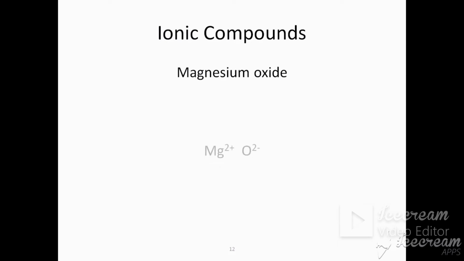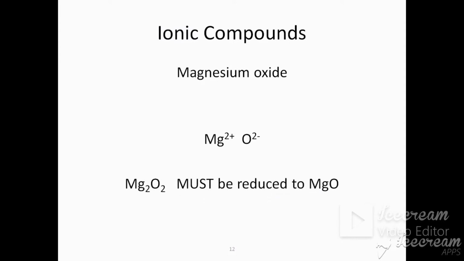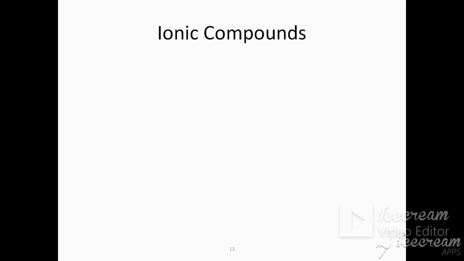Magnesium oxide, Mg2+ and O2-, becomes Mg2O2, which must be reduced to MgO. Ionic compounds. Let's try a few.